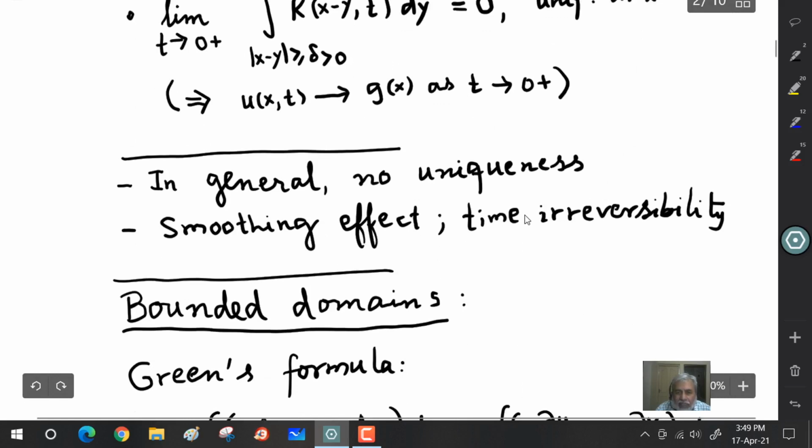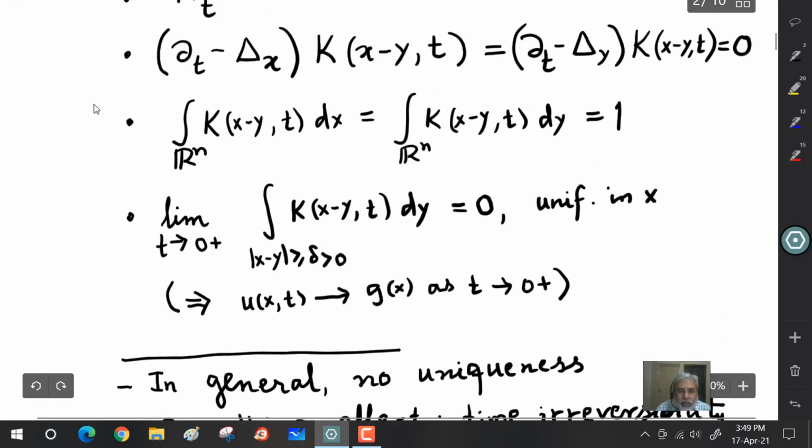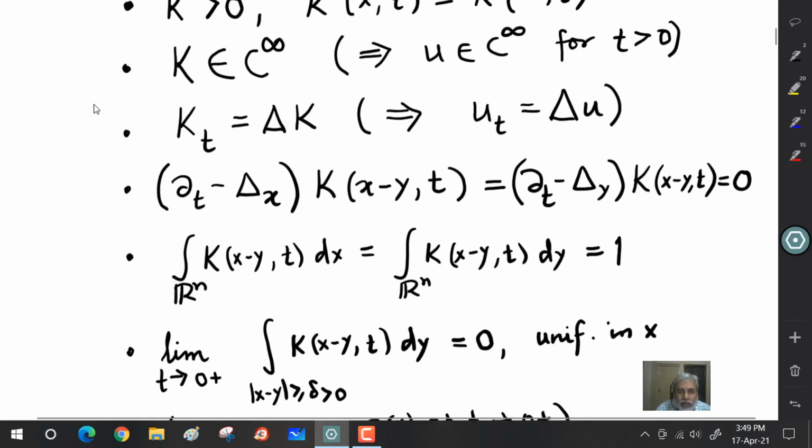And physically, this equation represents time irreversibility, in the sense that, for example, suppose we are given the temperature in a rod at time t equal to t0, we cannot say what its temperature was some time back.